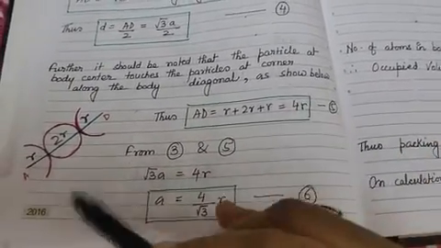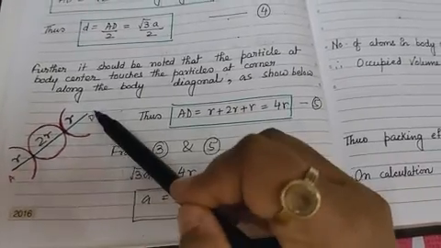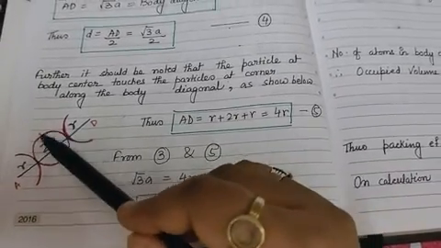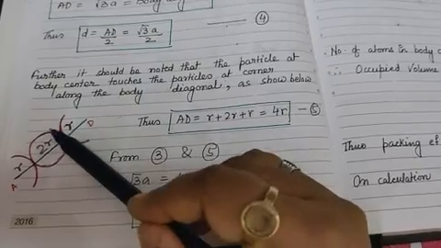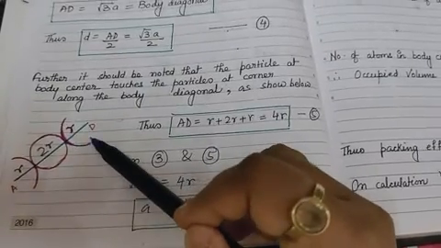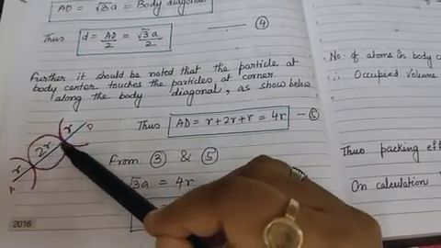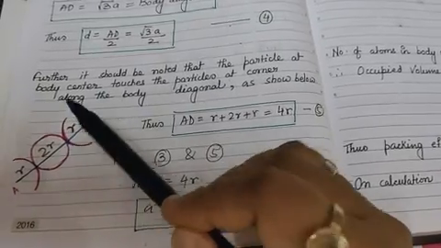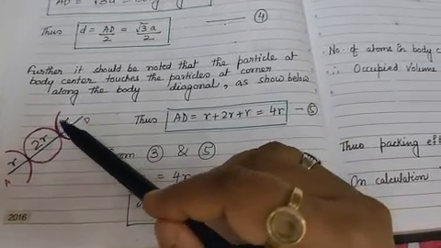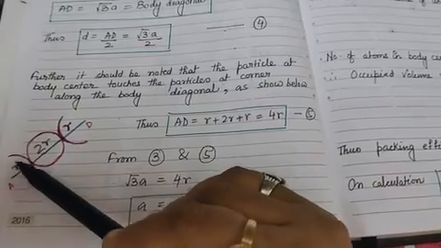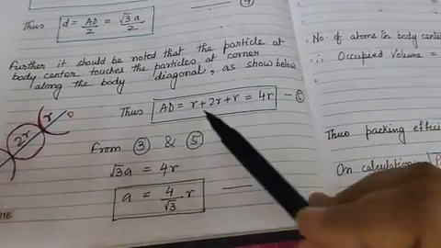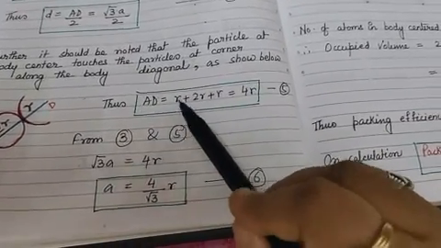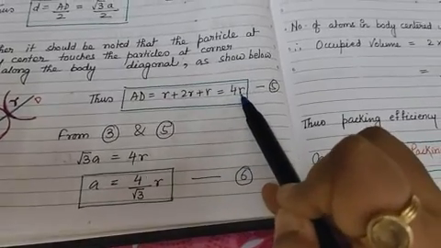Let us say that AD is the body diagonal, and this is the body-centered atom, and these are the two atoms placed at the corners. The diameter of the body-centered atom is 2r. The radius of this corner atom is r, and the radius of the other corner atom is again r. Thus AD equals r plus 2r plus r, that is equal to 4r.